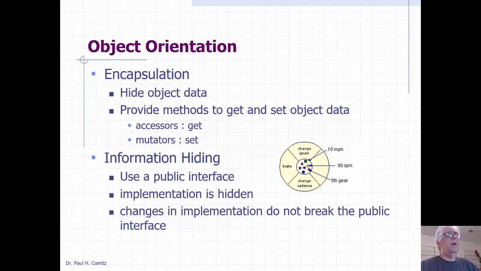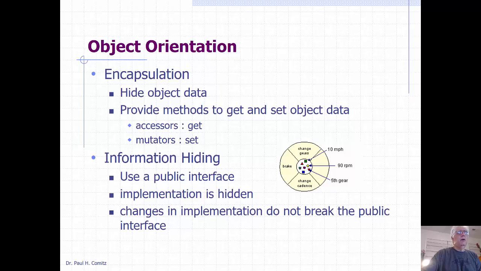So what exactly is encapsulation? Note the graphic here. What the graphic is trying to show you is that the data or the state is encapsulated by the public interface available on that object.